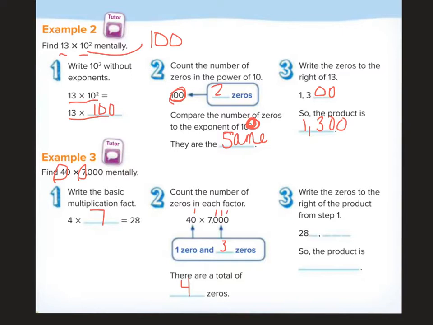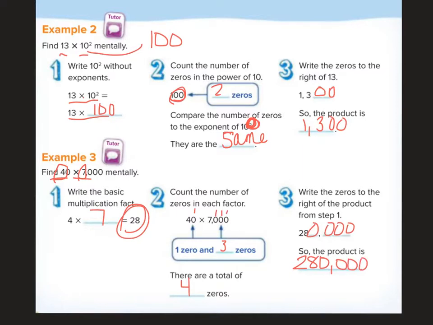Write the zeros to the right of the product from step 1. That's where I got my 28, by multiplying 4 and 7. So I have my 28, and then 4 zeros: 1, 2, 3, 4. So the product is 280,000.